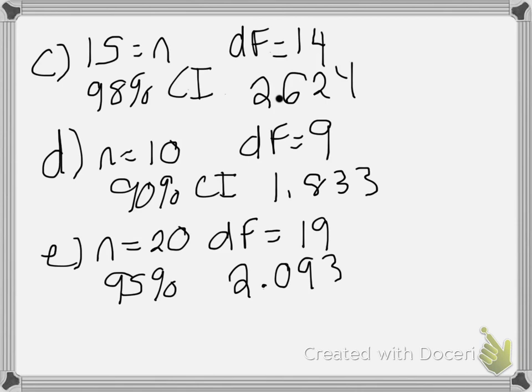Now, notice though, that once you get over 30, you've got a problem, because look at your left-hand side. The left-hand side goes 1 to 30, and then it goes to 40, 50, 60, 80, 100, and 1,000, and infinite. You can never have more degrees of freedom than what you have.